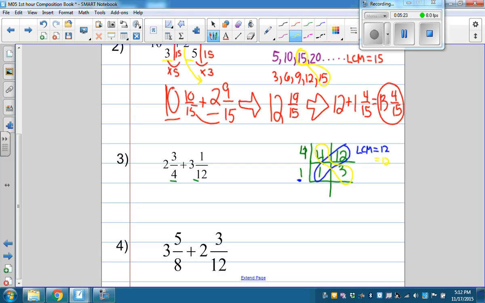And remember, it doesn't matter how you start your division ladder. You'll always end up with the same least common multiple. So I need to make my denominator 12. That makes this an easy problem because this is the only thing that needs to change. What I like about the division ladder, it also shows you to multiply 4 by 3.